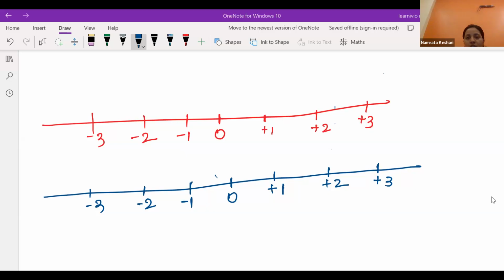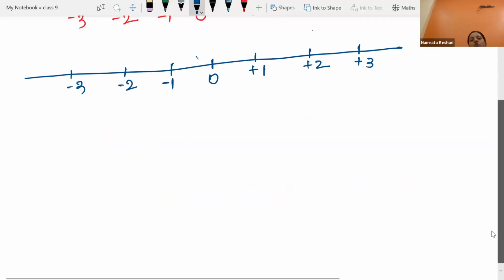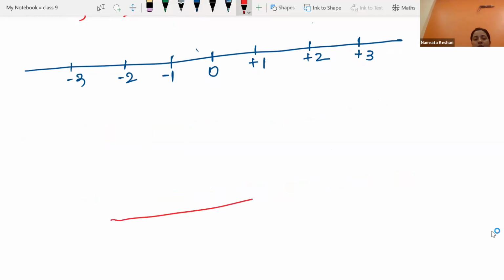Can you see the screen? Yes, ma'am. Okay, the same page. So suppose I have taken both the number lines and I have started arranging them in this manner.